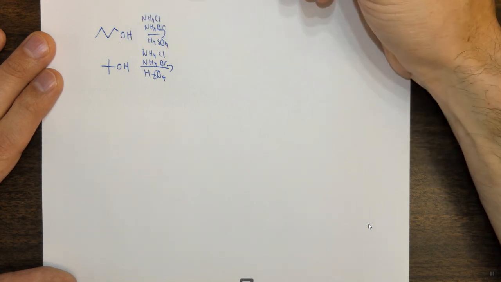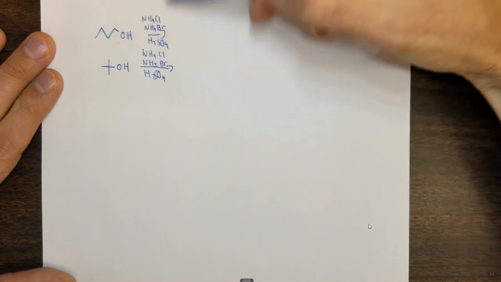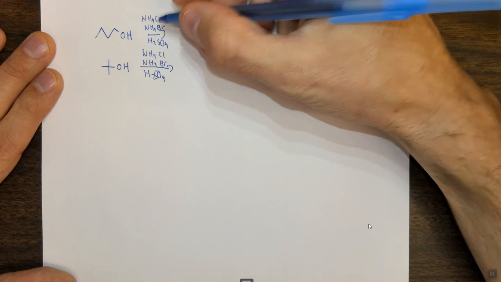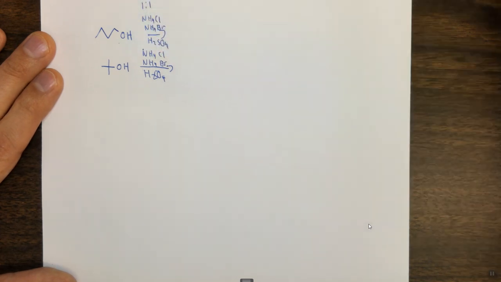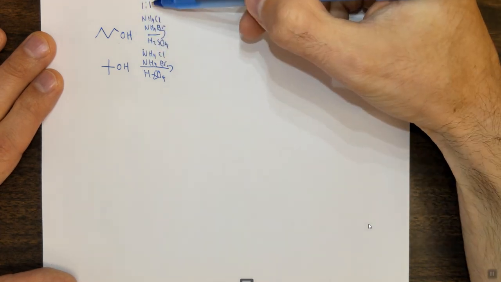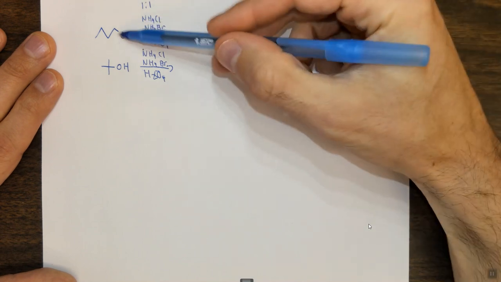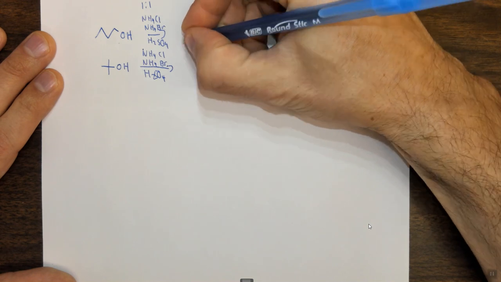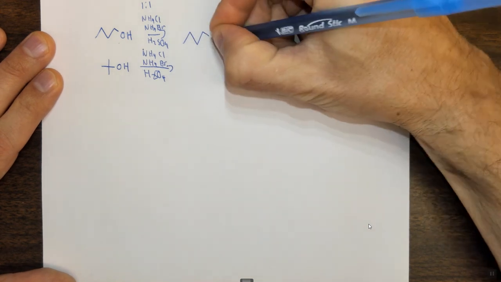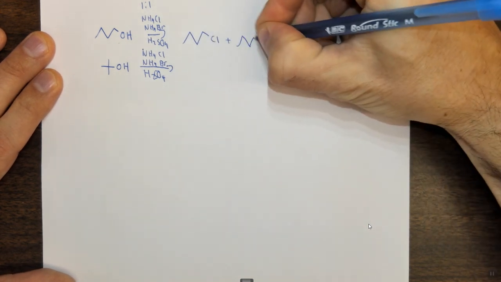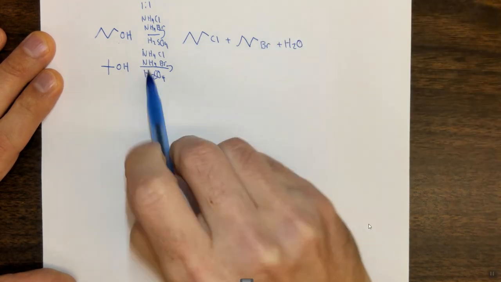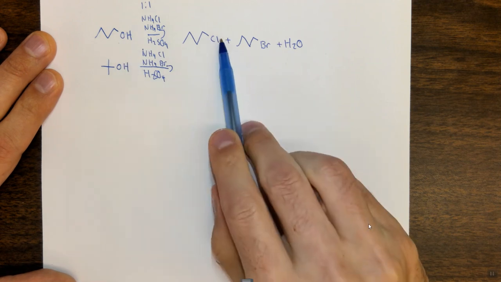This is a nucleophilic substitution reaction. We're going to substitute the OH with a Cl and a Br, using a mixture of these two compounds in a 1-to-1 stoichiometric ratio. That is true for both this reaction and this reaction. In the top case, we're going to get some of this and some of this, and water as our byproduct. We've just substituted the OH with Cl and Br.